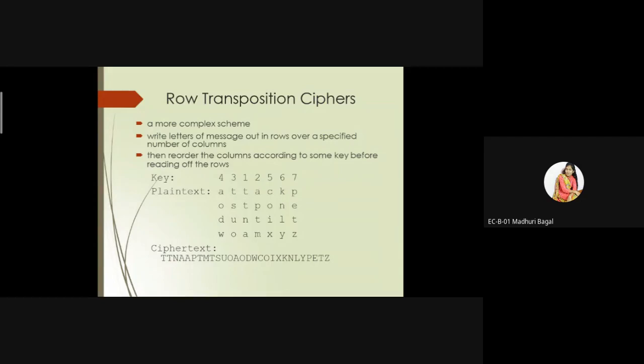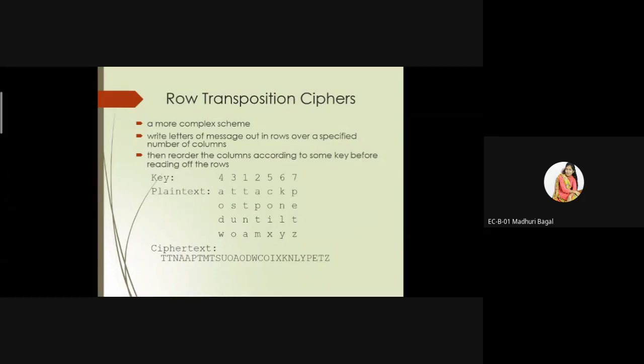Okay, so the plain text is electronics engineering. So everyone write this plain text on one page. Okay, and you have to use the same key.